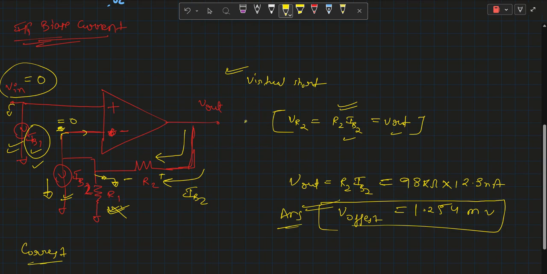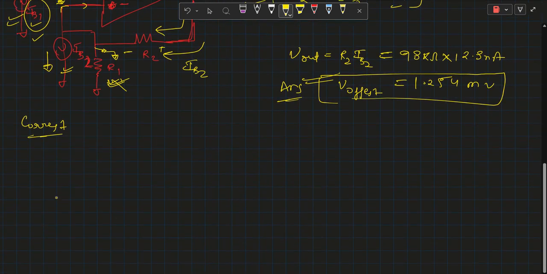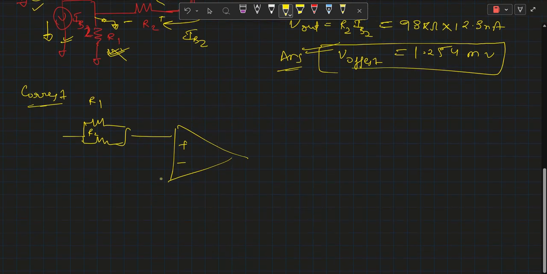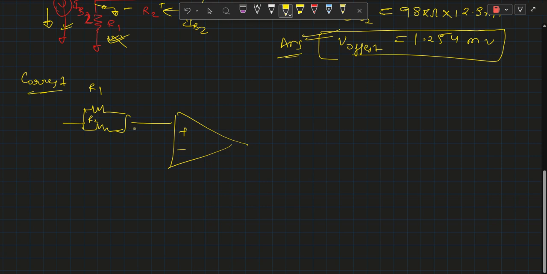The correction method to compensate this offset voltage: engineers add a parallel combination of R1 and R2 at the input side. This will go to the positive terminal of the op amp, and there is one IB1.